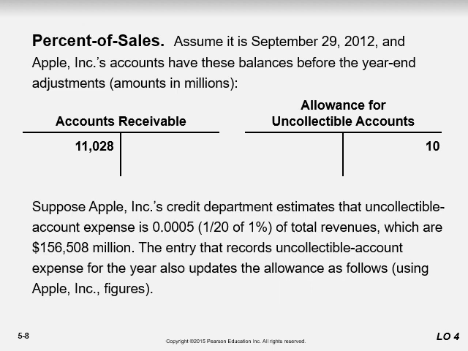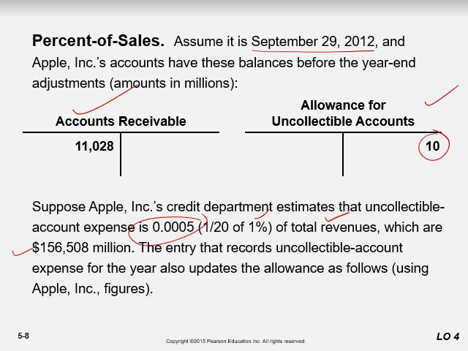We have an example here. It is September 29, and Apple Incorporation's accounts have these balances: accounts receivable and allowance like this. Suppose Apple's credit department estimates that uncollectible expense is 0.005 of total revenue, or we can say 1% of total revenue.